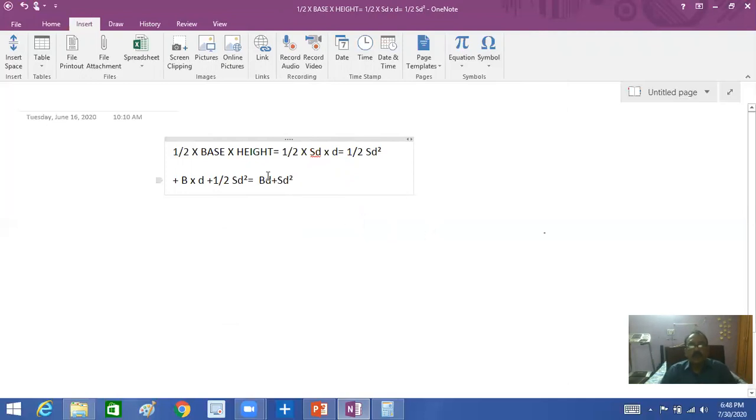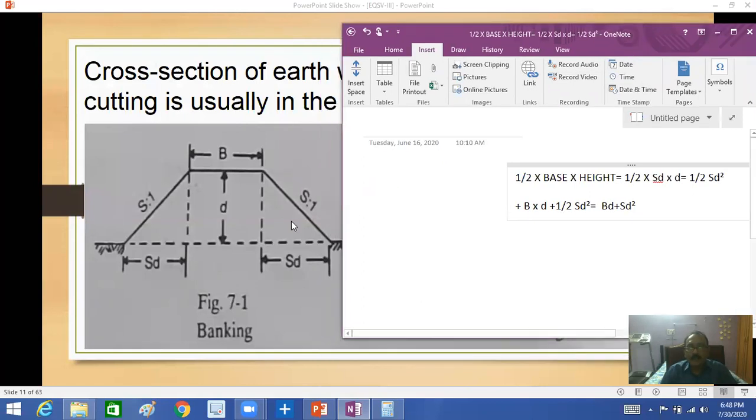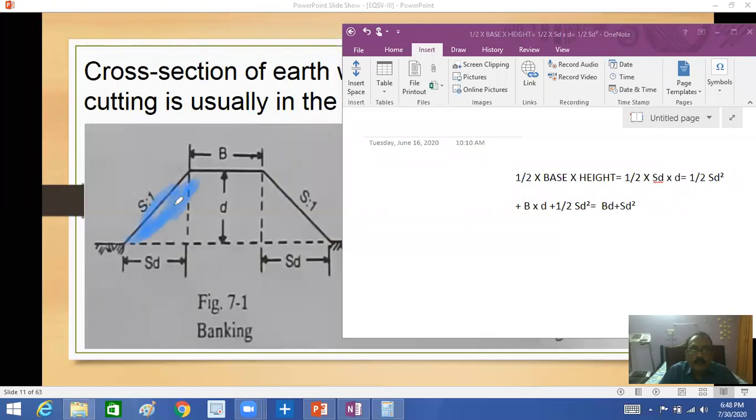In this way, to calculate this total area, this is your embankment or banking area.